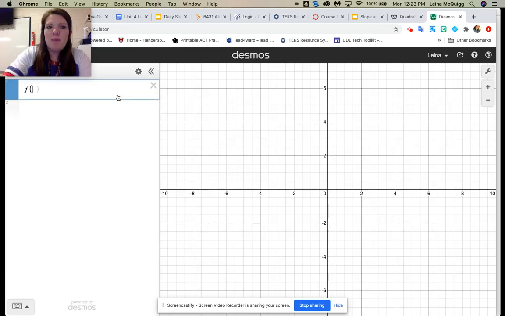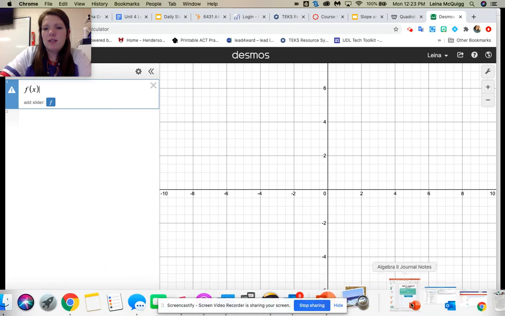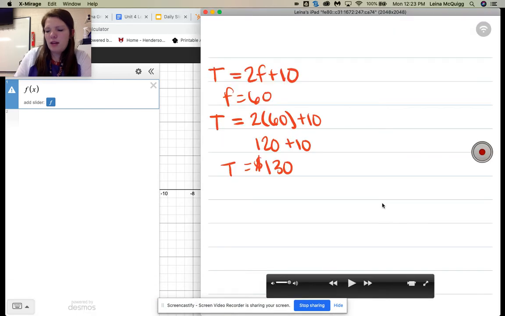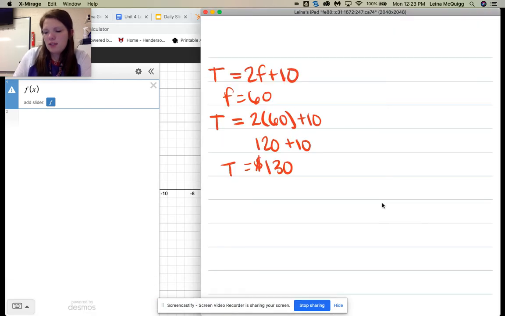So here we could type in our equation. Because Desmos will only graph things that are in the form using x's and y's, instead of writing t, I'm going to use f of x equals 2, instead of using f, I'm going to use x plus 10.